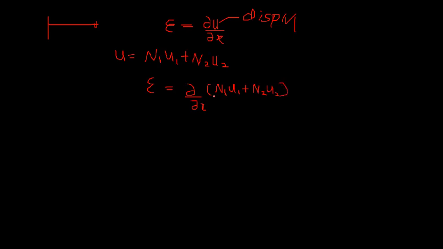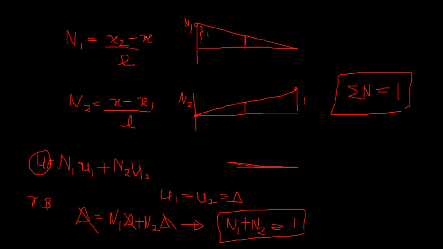So this N is a function of x, right? So x2 is a constant, x1 is a constant at some point. Those are some points. X is the variable, right? So this is just like a constant. So you can just differentiate it here.